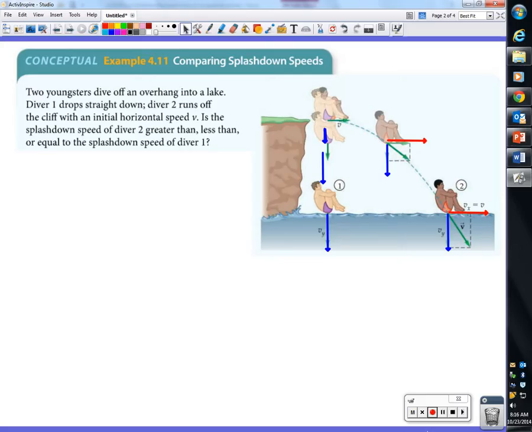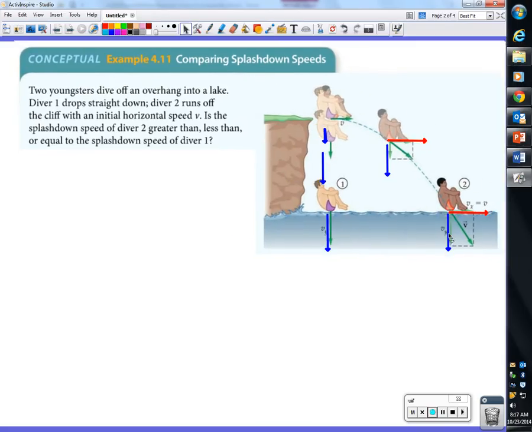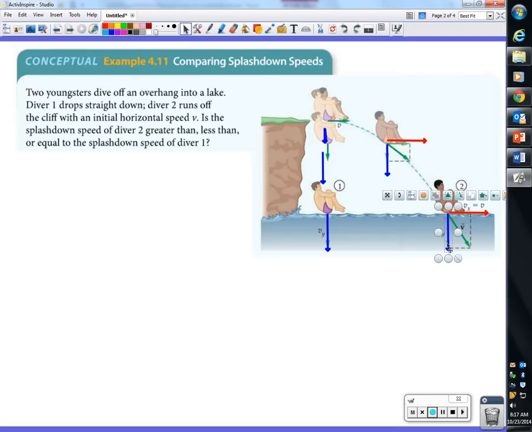Because right now, Christina, are those vectors lined up properly for us to find the resultant? No. They have to be lined up how? They have to be lined up head to tail, right?